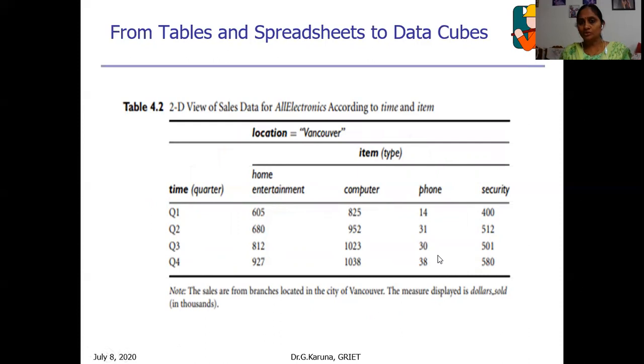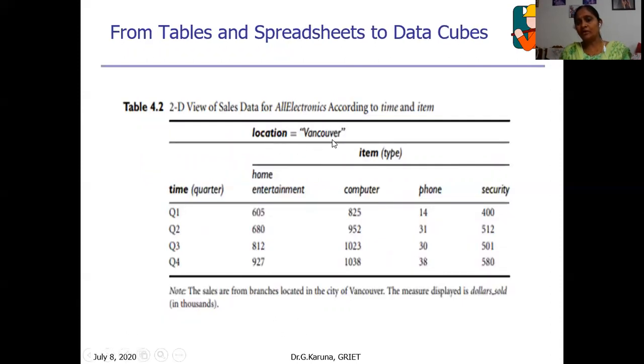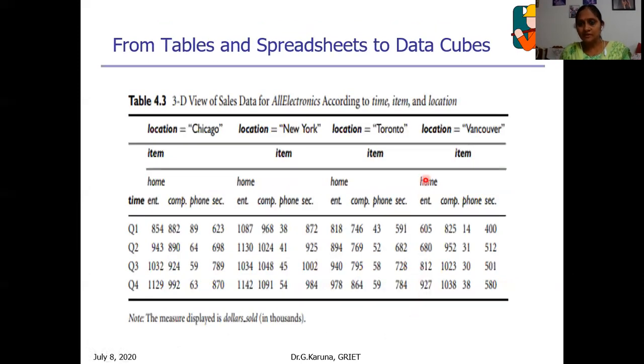So let us move to the 3D view. Here I am going to take one more dimension. In the previous one, I discussed only the Vancouver city. Now I would like to see the sales details for 4 cities. This is the diagram we already discussed, the 2D view: home entertainment, computers in a particular city.